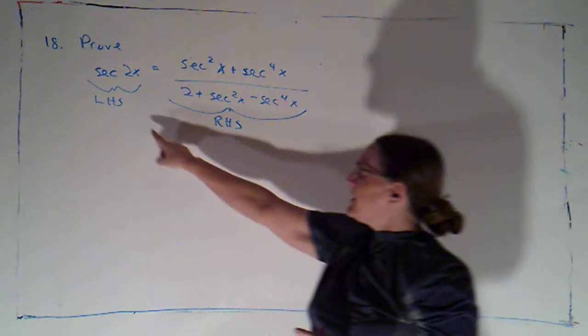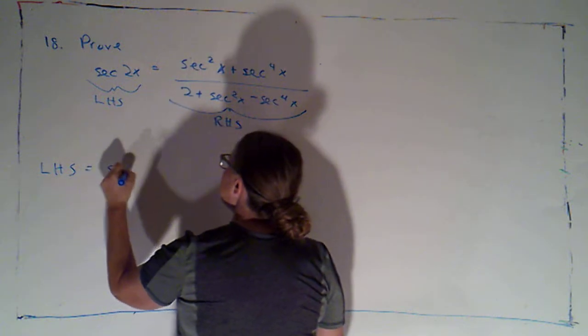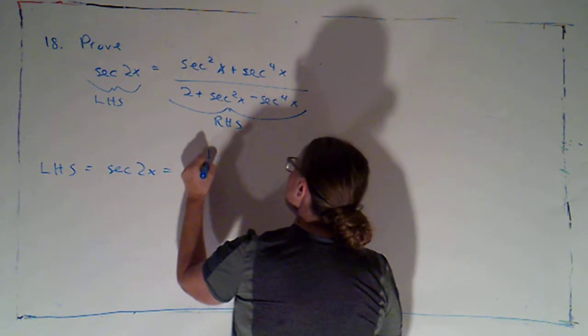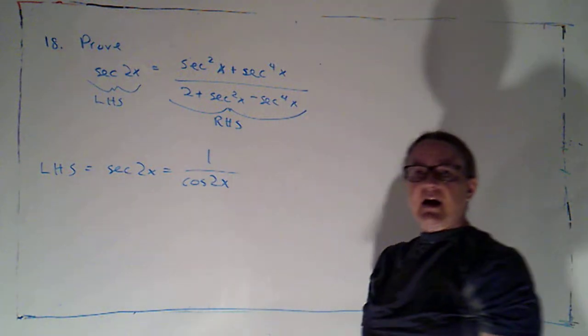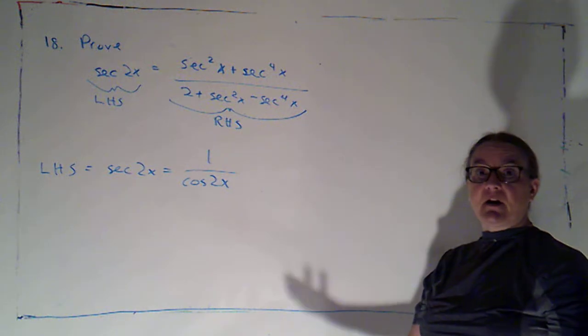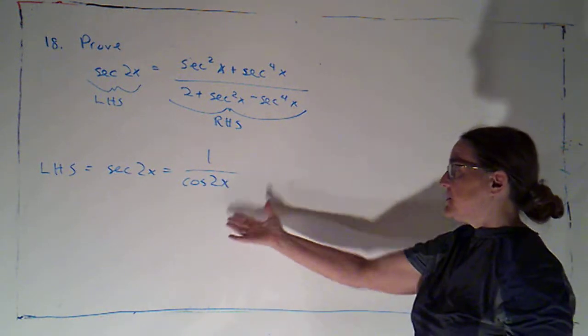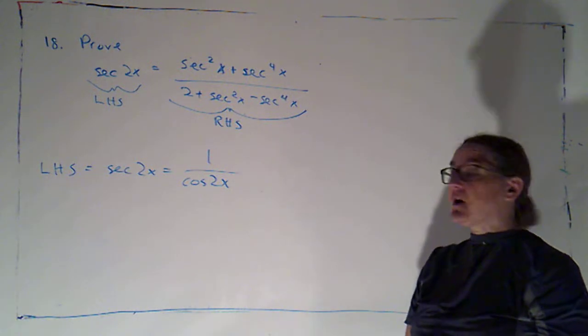But I think I'm going to start with the left-hand side, because secant of 2x would just be 1 over cosine of 2x. And so I don't need a whole separate formula that I'm going to memorize, because I can always derive it by saying this is the reciprocal of the double angle formula for cosine.